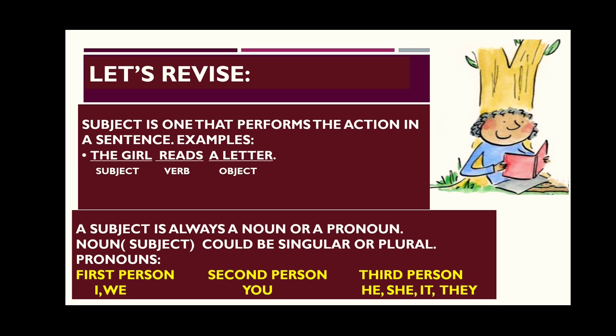Now, what are pronouns? A pronoun is a word which we use in place of a noun. And we have 7 subjective pronouns which I have shown you in this slide also. So in first person we have I and we. In second person we have you. And in third person we have he, she, it and they.